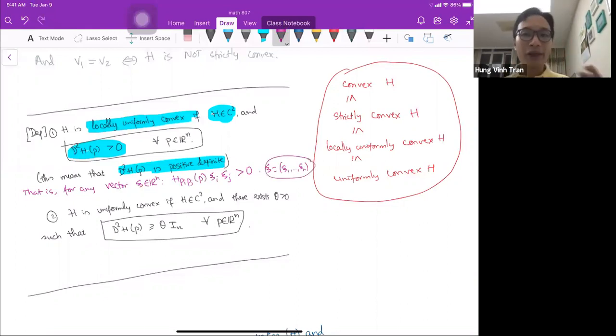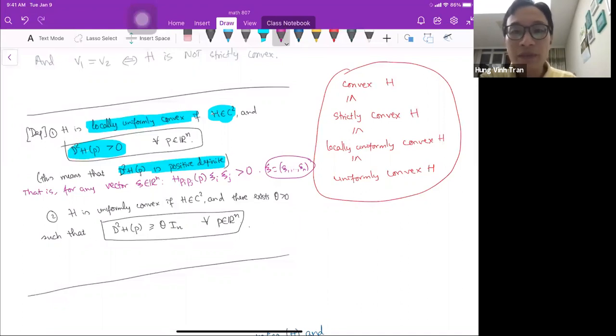Basically, this is just a quadratic form. The Hessian is an n by n matrix, symmetric, and positive definite means that all eigenvalues are positive.